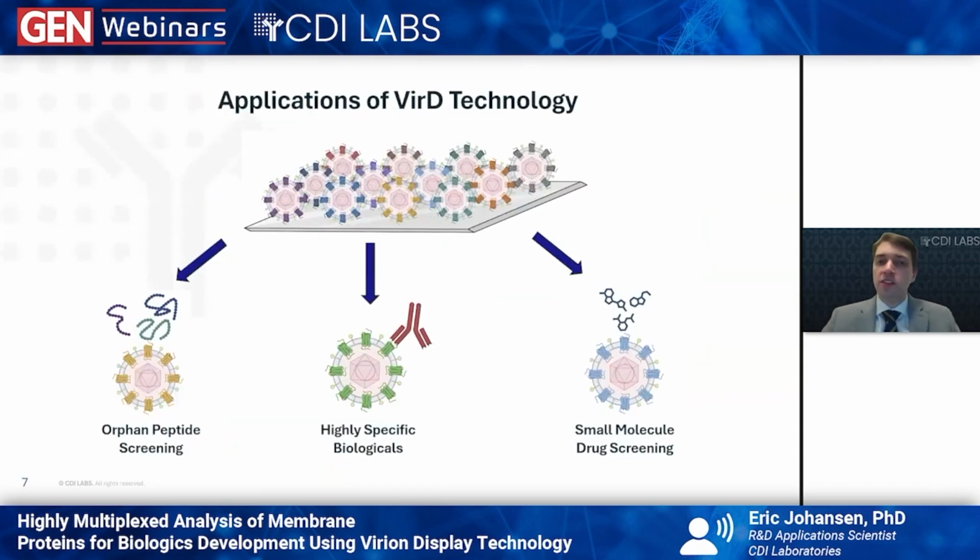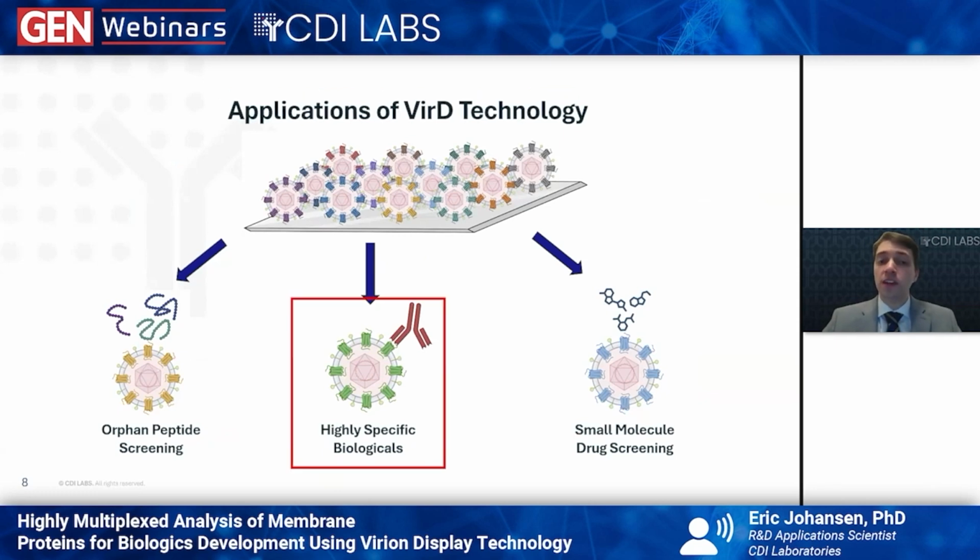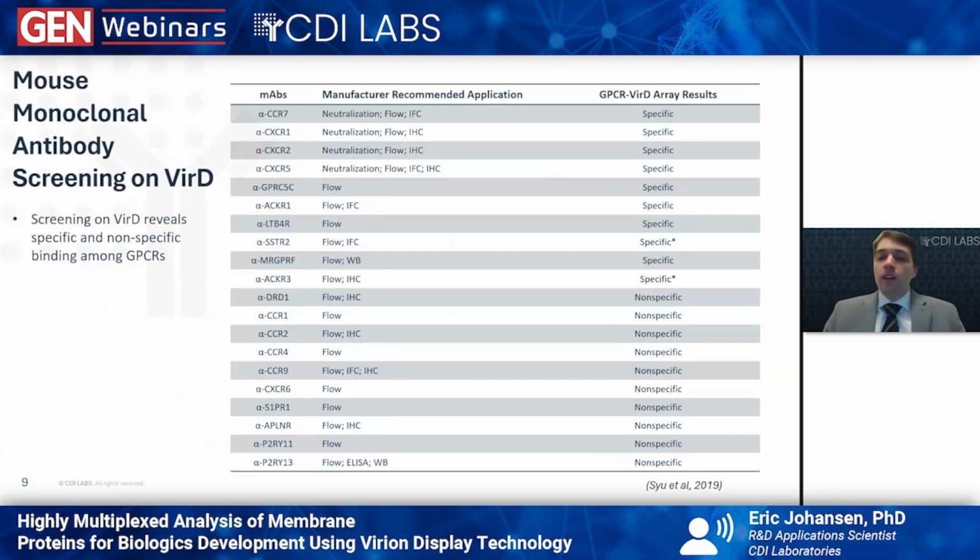For this webinar, I'll be discussing a few of the applications of the virion display technology, but the one that I'll be spending the most time on is how we can use this for highly specific biologicals. In the Nature Communications paper that was published for this technology by a lab at Johns Hopkins University, they screened over 20 mouse monoclonal antibodies that are commercially available to assess the specificity and to ensure that the GPCRs incorporated on our virions are indeed correct.